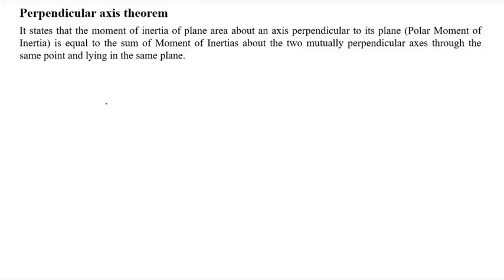Actually this perpendicular axis theorem is meant for finding Izz. According to this theorem, the moment of inertia about an axis perpendicular to the plane will be equal to the sum of the moments of inertia about the two mutually perpendicular axes in the same plane. So I had drawn one rod in the previous slide with x-axis and y-axis.